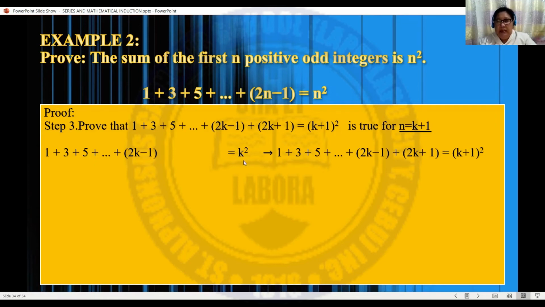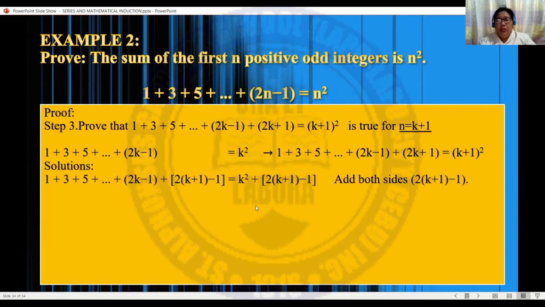That is under step 2. By this time, we have to add 2k plus 1. From here, we have now 1 plus 3 plus 5 plus the quantity 2k minus 1 plus 2k plus 1 is equal to the square of k plus 1. For the solutions, it would be like this.